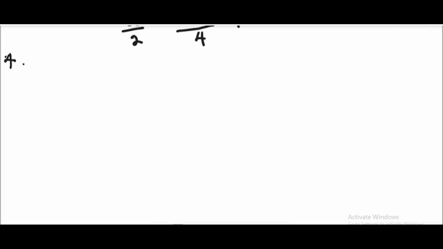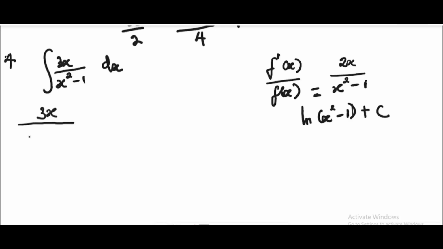Okay, so now using partial fractions, we have 3x over x squared minus 1. If you look at the denominator, you see that we'll have a difference of two squares, right? Okay, so we'll have A over x minus 1, or you can start with x plus 1, whichever one, plus B over x plus 1.